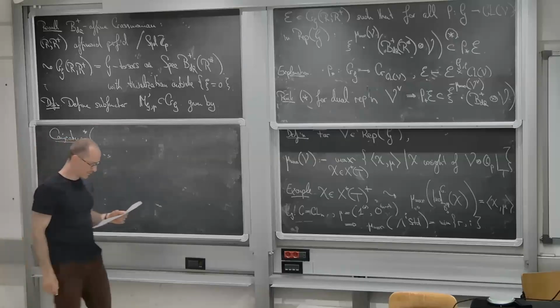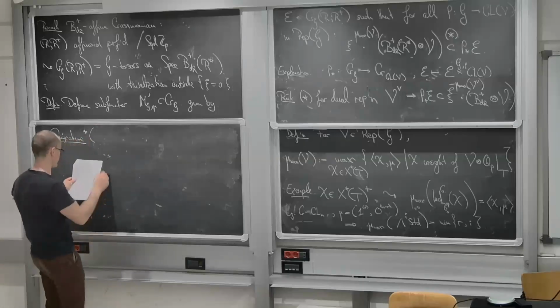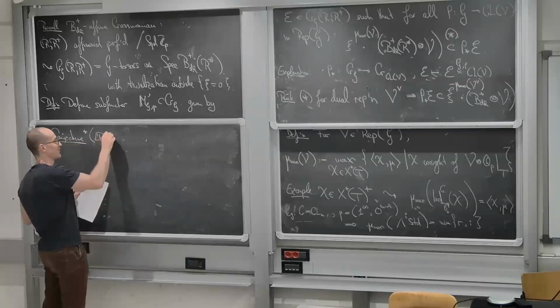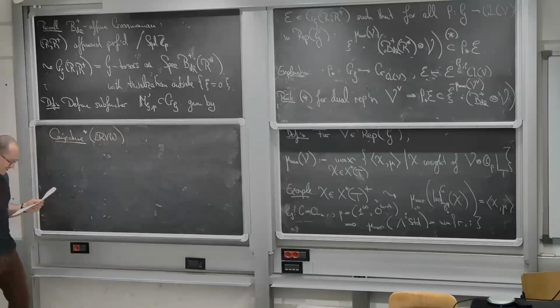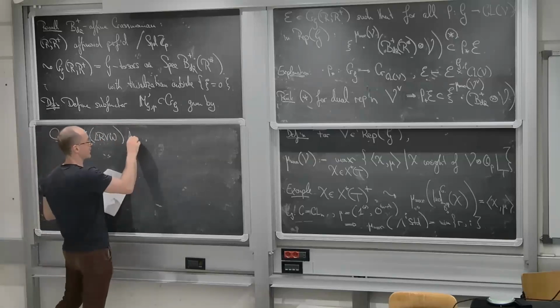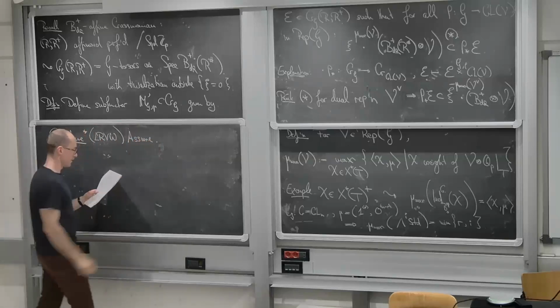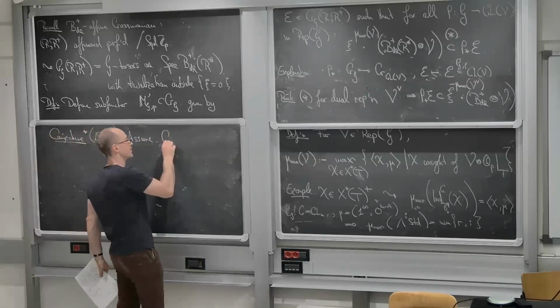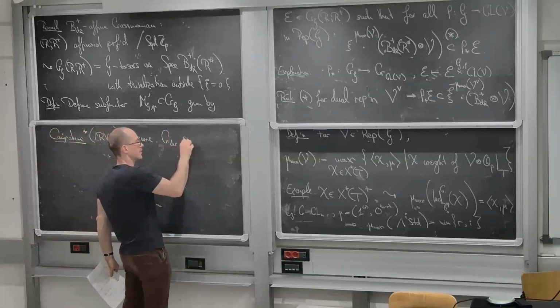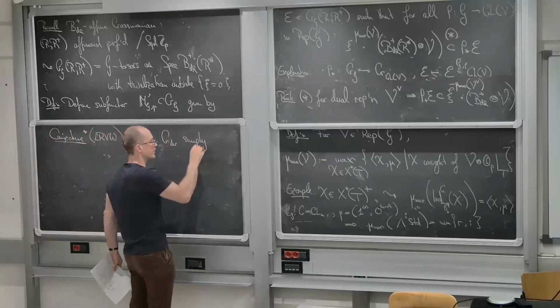Let me write it as a conjecture star, which means I'm fairly certain it should be correct, but we can't prove everything yet. So let's assume there are two assumptions I have to make.